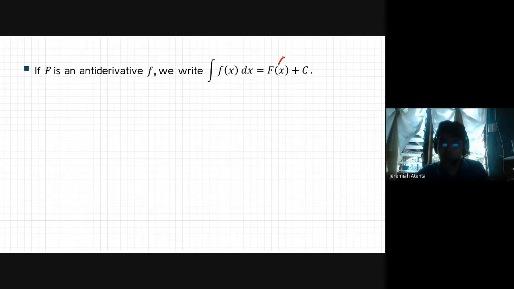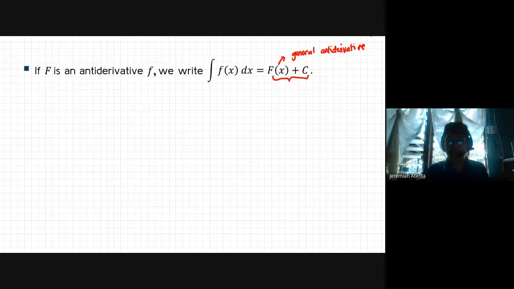This is now called the general antiderivative. If we have a certain value of c, then that is now the particular antiderivative.